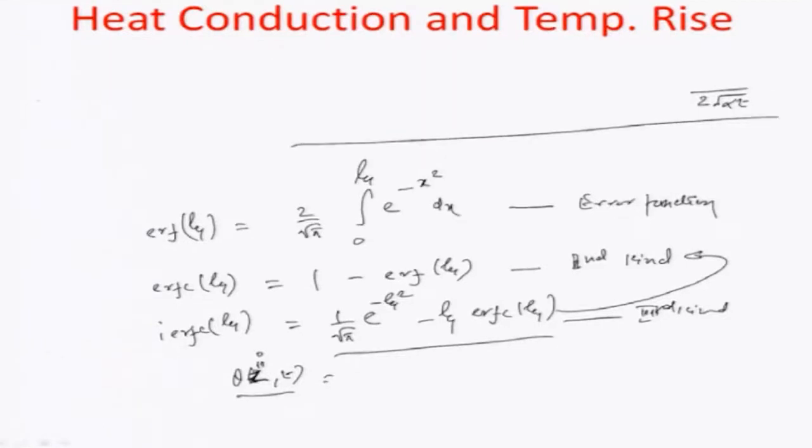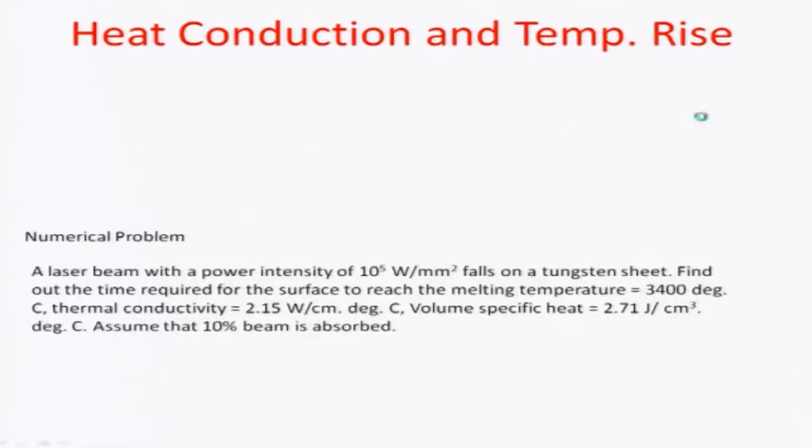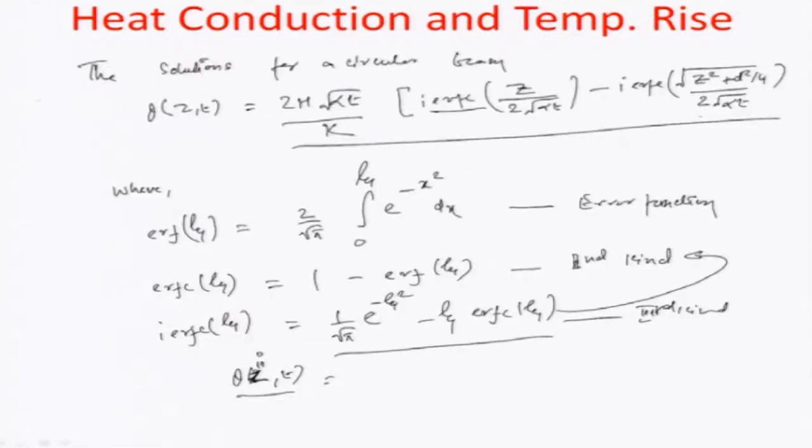So, the value of the error function of the third kind, IERFC of zeta, where zeta is equal to z by twice root of alpha t, as we have assumed earlier in this coefficient, right here, that is what the zeta value is.